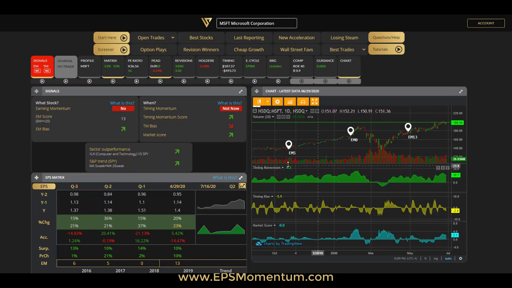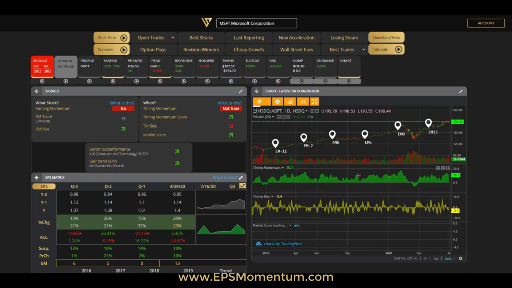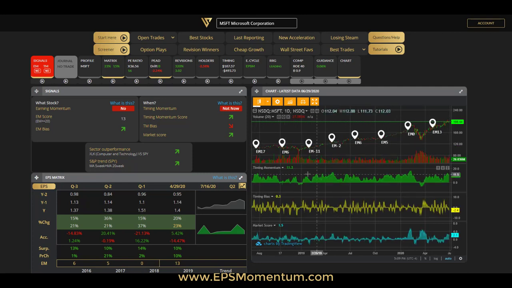And the second thing is the timing momentum. Timing momentum is that green line that you see here. This timing momentum is critical to help you see whether the stock price is actually in good standing, and if it's a good opportunity for you in terms of price momentum.